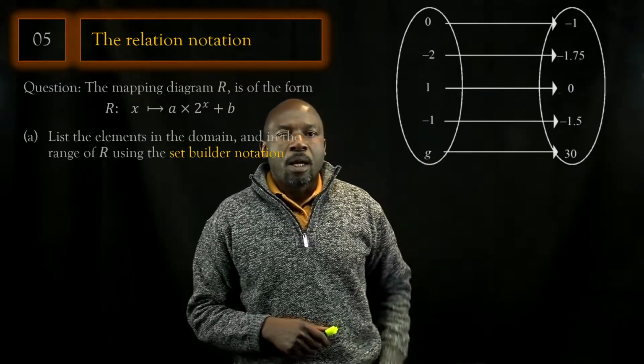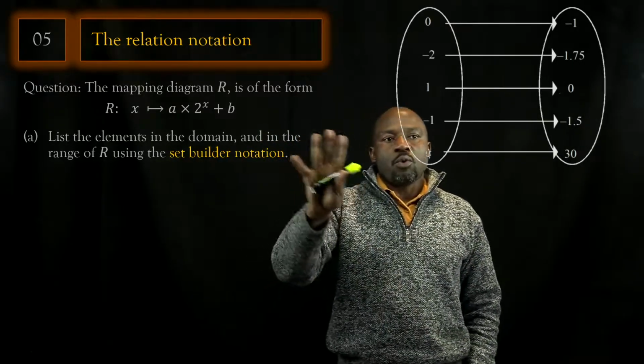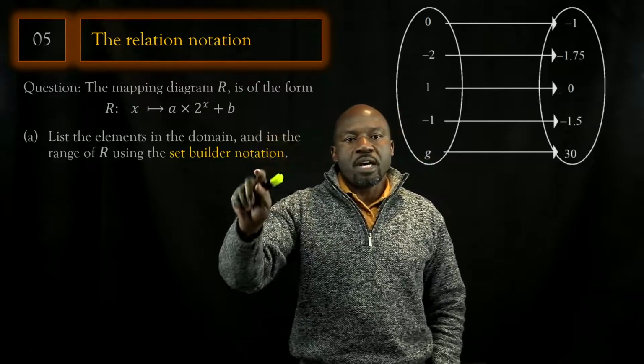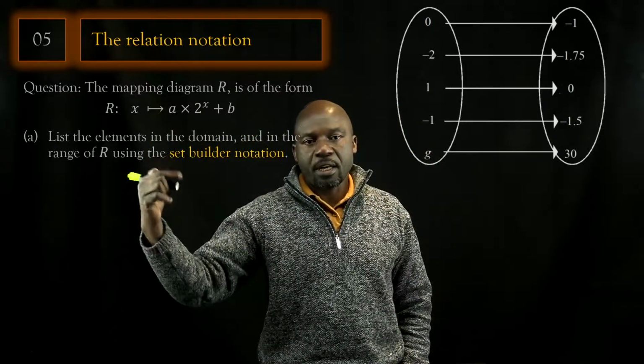We could move on without the G and leave it there until the end, because there is a part B and a part C of the question.